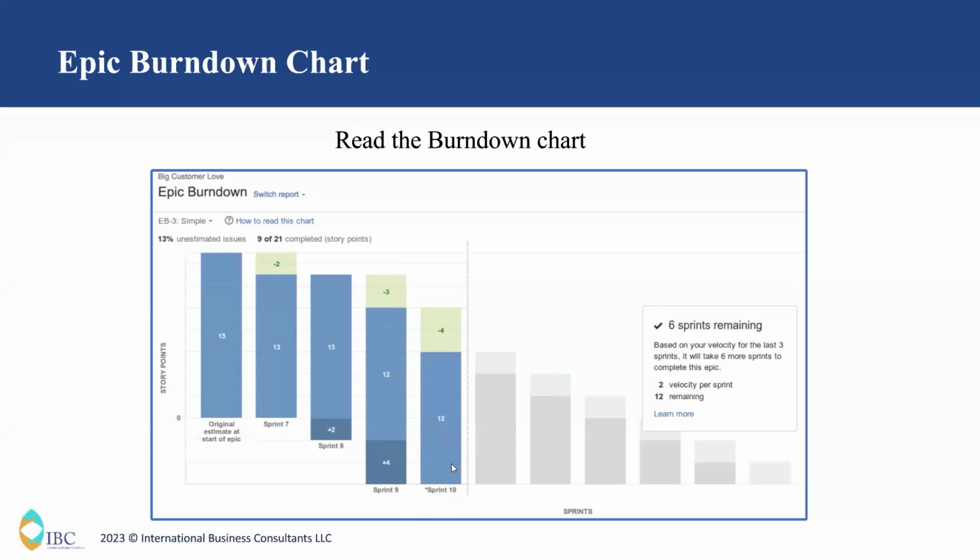So 12 story points are remaining and the team completed 4 story points. So it says by this sprint, this epic will be completed. And it also gives a keynote for each sprint, how much velocity or how many story points are being completed. It says 2 velocity per sprint. That means 2 story points are completed for each sprint on average.